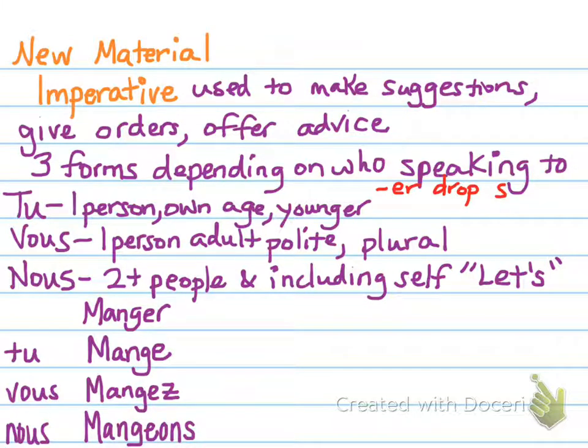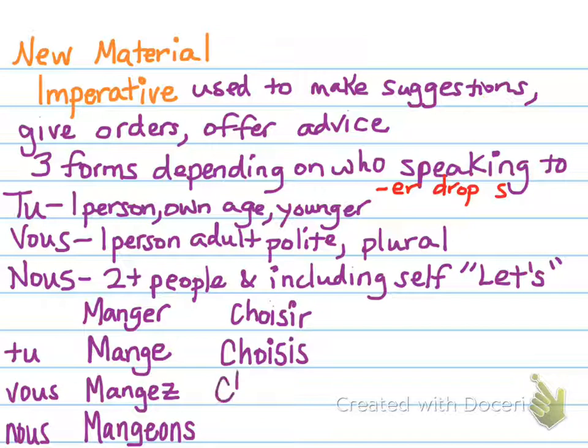A regular IR verb, let's do choisir, to choose. So the tu form would be choisis. Here's my stem. Here's my extra IS that I add.